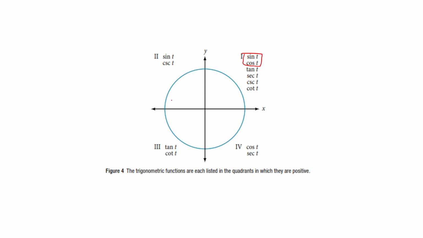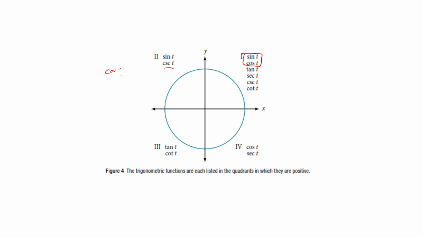Now in the second quadrant, only sine is positive. So this is going through mentioning just the positive ones. So sine is positive and cosine is negative. Well, if you go through there, you can just build what would happen. Anything based solely on the sine function is going to be positive. Well, that's only cosecant.